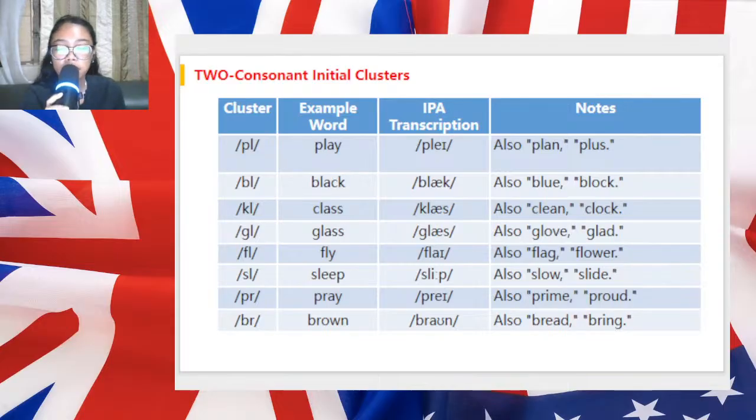We have the b-l cluster. Our example word here is block. Again, block. Similar to p-l, the first consonant cluster, the b sound also starts with a lip closure, but it is voiced.